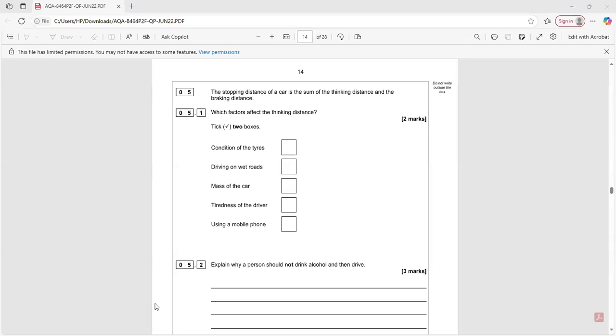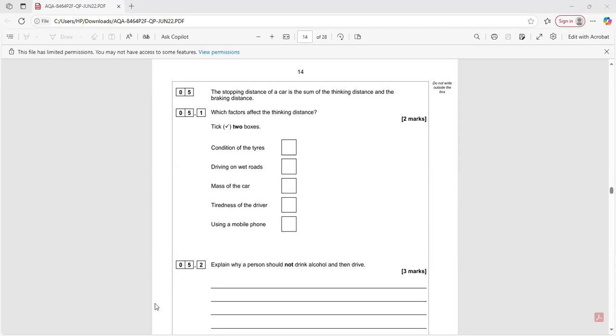Okay, you remember that formula for stopping distance? Stopping distance is equal to thinking distance plus braking distance. So the question is this: the stopping distance of a car is the sum of the thinking distance and the braking distance. Which factors affect the thinking distance? Is it the condition of the tires, driving on wet roads, the mass of the car, tiredness of the driver, using a mobile phone?